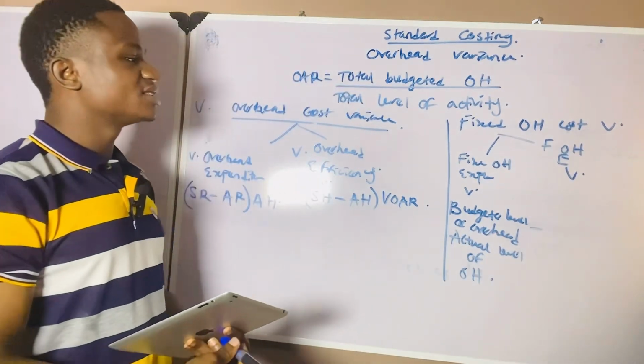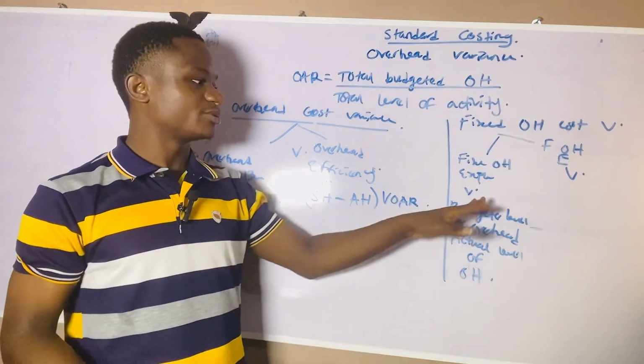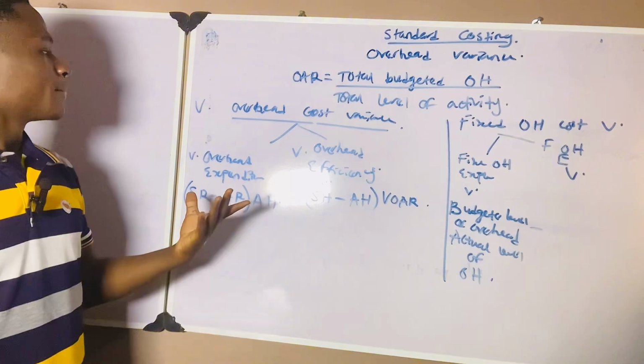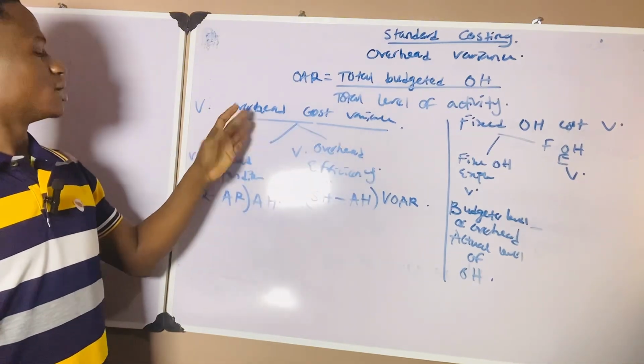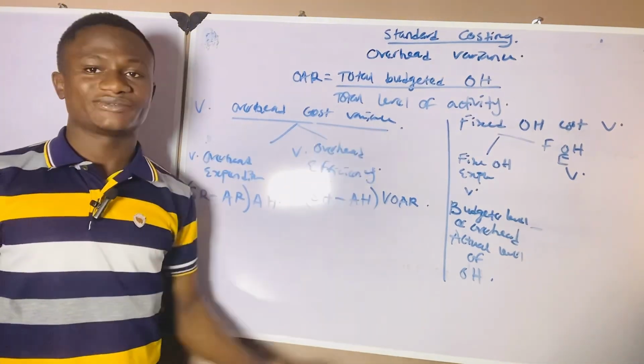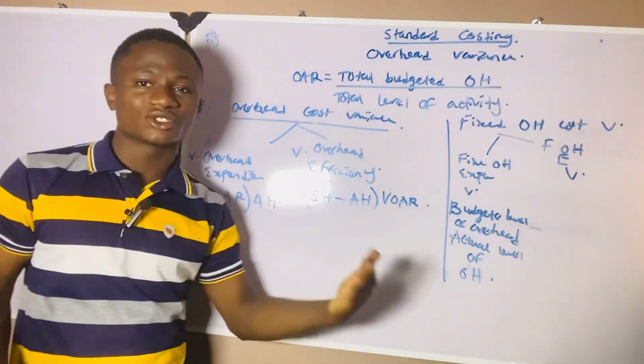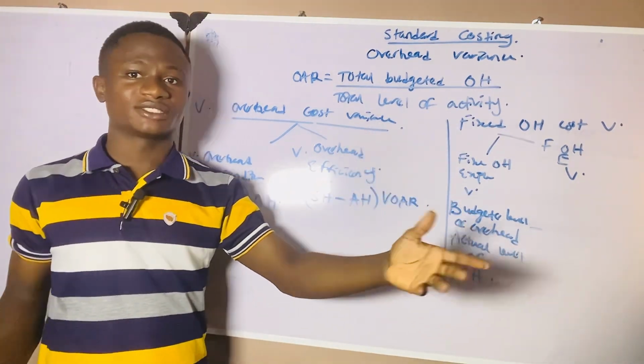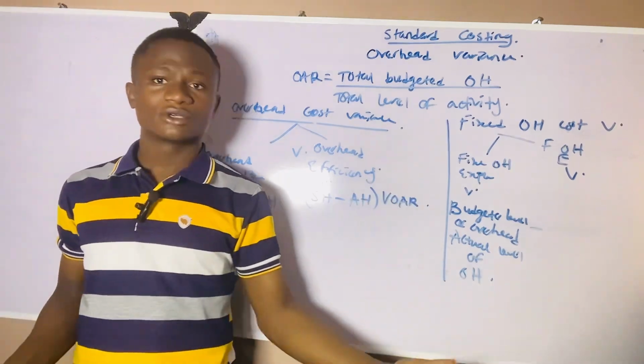So the formula for the fixed overhead expenditure, one thing I want you guys to know before I proceed is that this variable overhead cost variance follows the patterns of the variances we treated earlier, like direct material cost variance and labor cost variance.